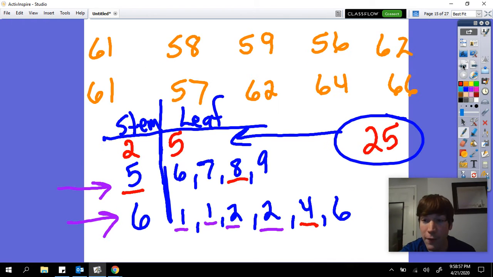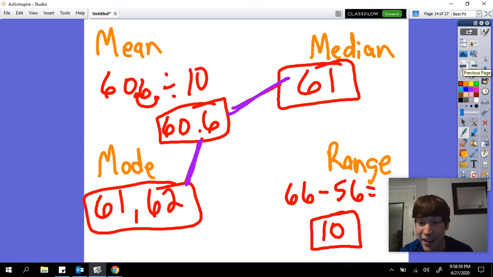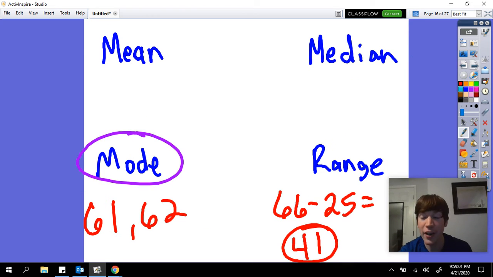Remember, our range before was only 10. So that outlier has completely blown up my range. It's made my range much, much bigger because I have a number that is really small. In some cases, an outlier can also be really big, but our outlier here is really small. So our range of temperatures looks much bigger now. It looks like the weather is all over the place with this 11th day. So the range definitely changed a lot.